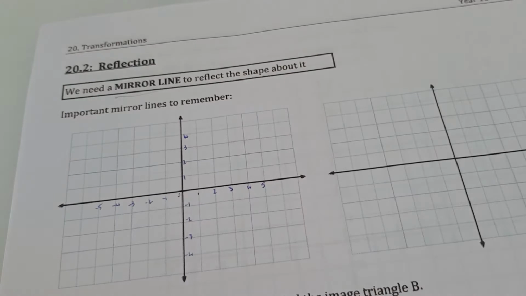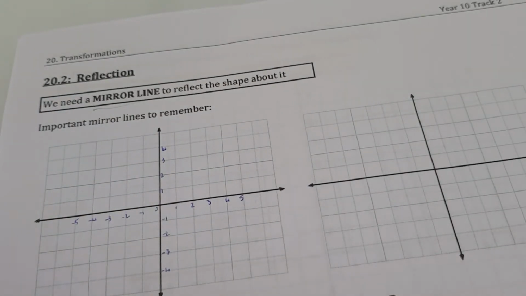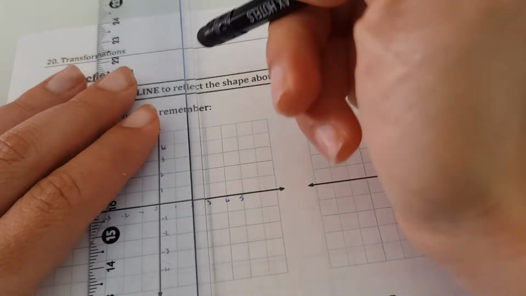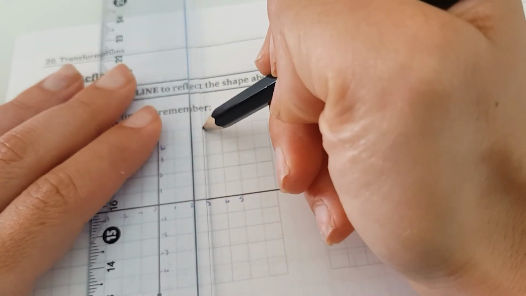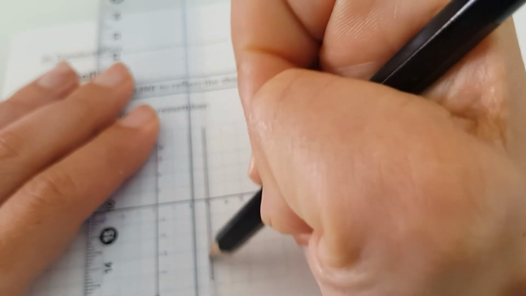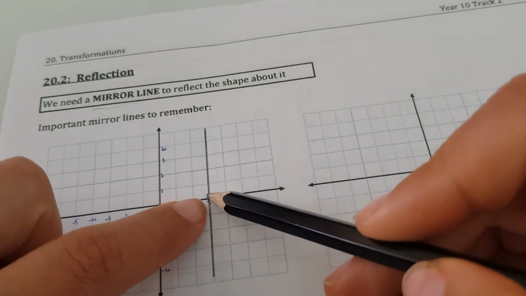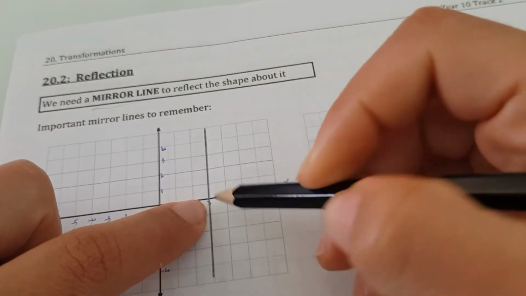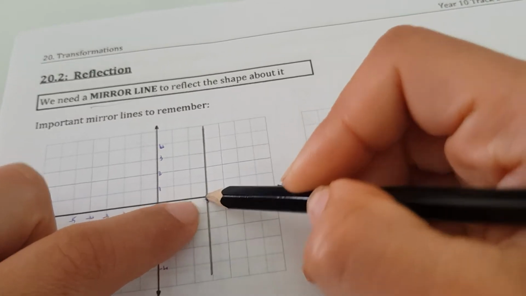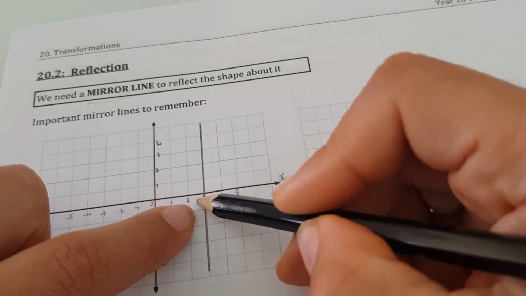Okay, etc., etc. Now, let's say we have this line over here, that is passing through the x-axis. It's crossing the x-axis at number 3.